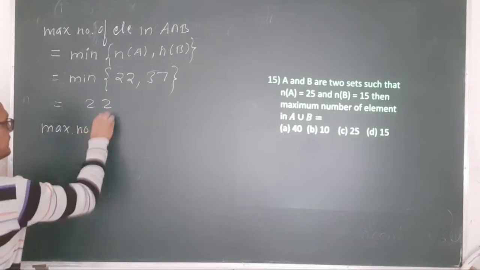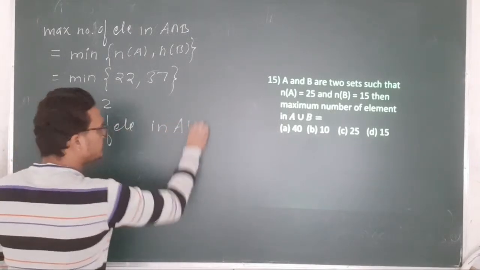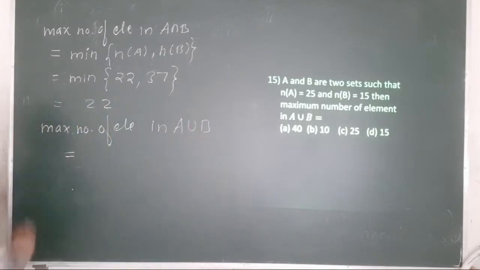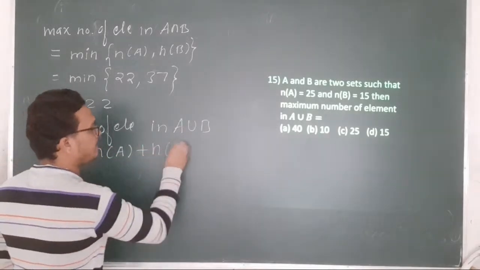The maximum number of elements in A union B is equal to n(A) plus n(B).